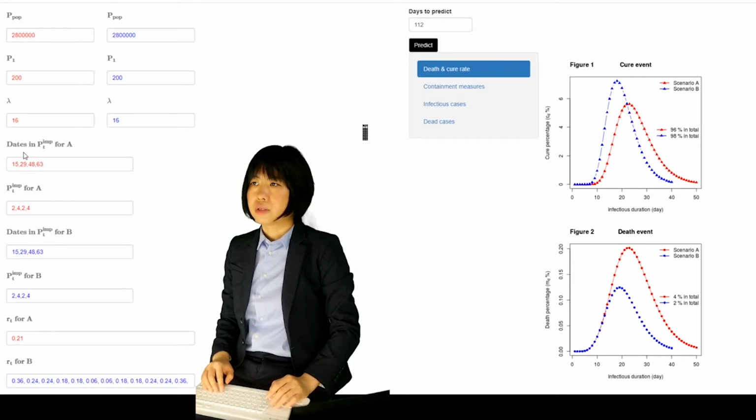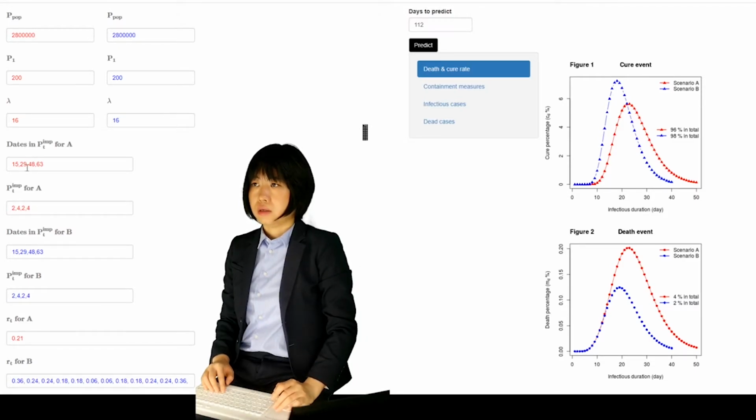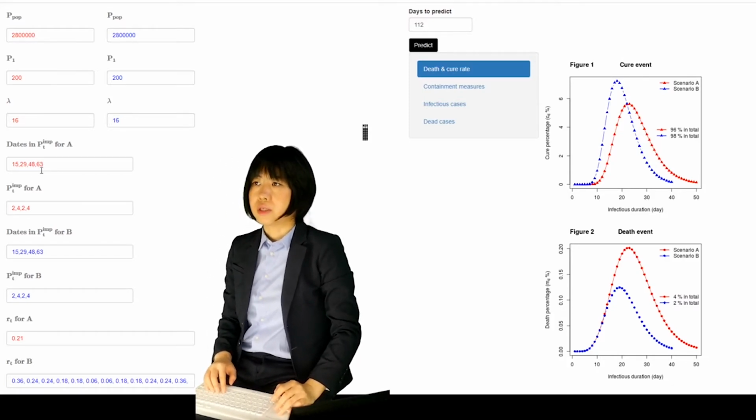The first input is the dates for the imported cases, and the next input is the number of imported cases. These inputs assume on day 15, 29, 48, and 63 there are 2, 4, 2, and 4 imported cases.